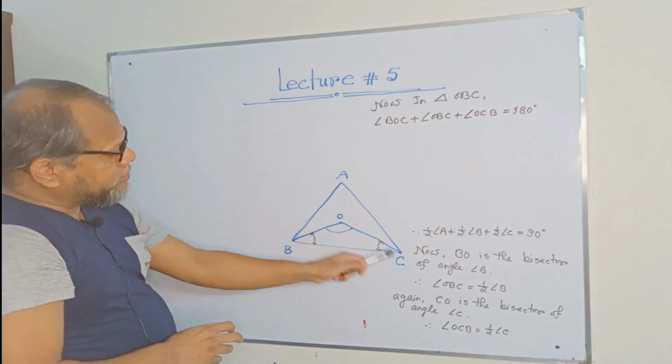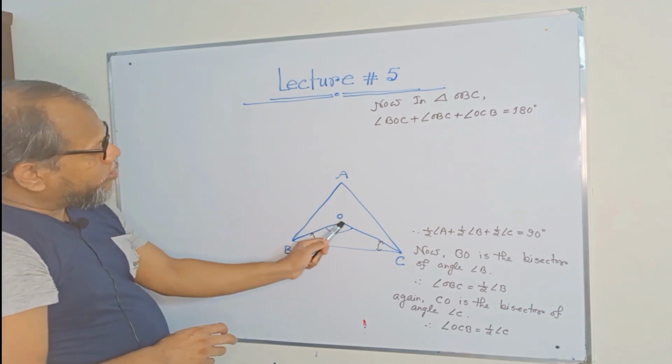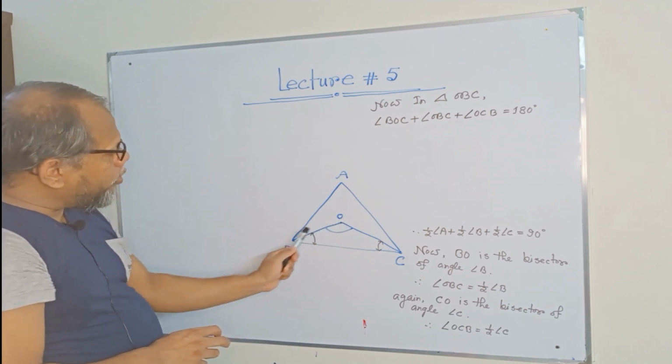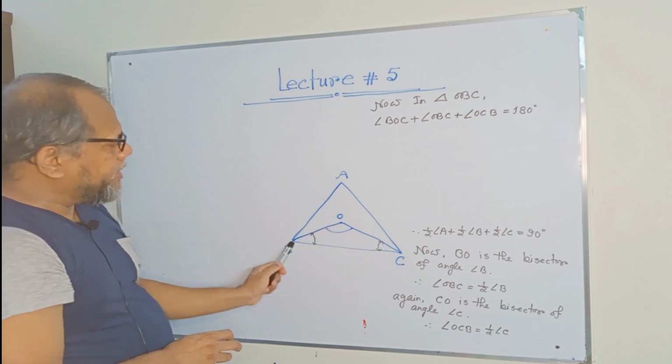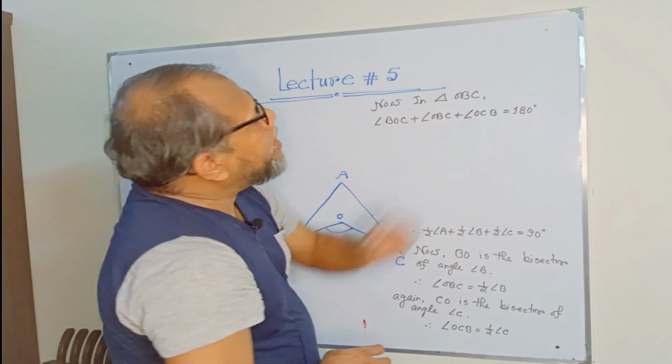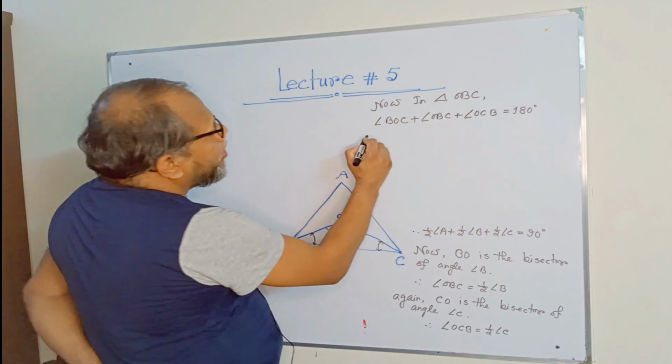So in triangle BOC, angle BOC plus OBC plus angle OCB is equal to 180 degree.